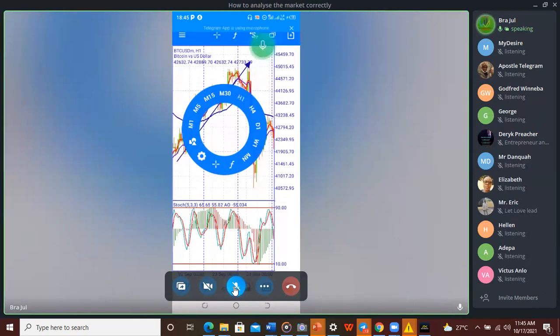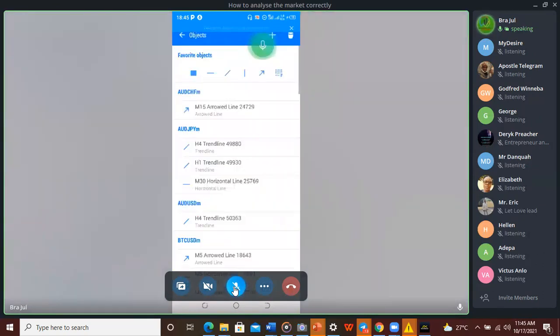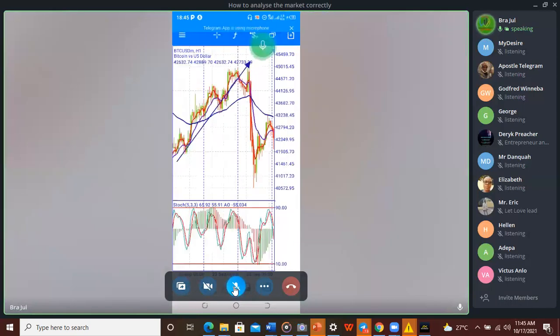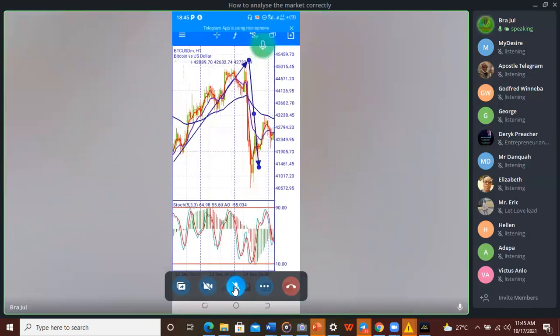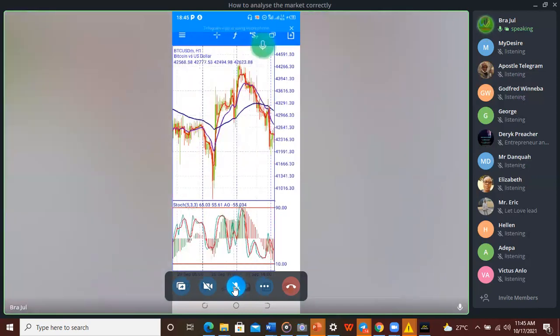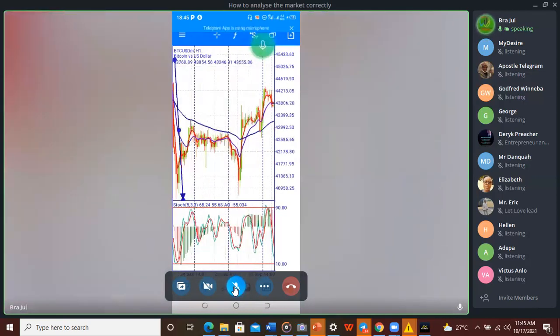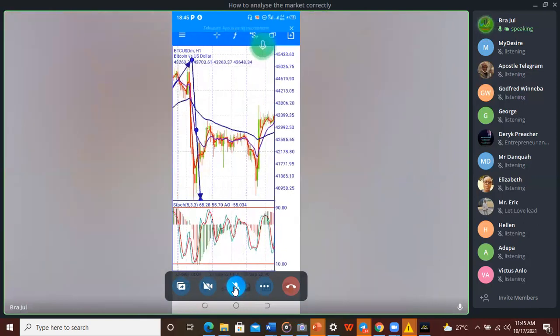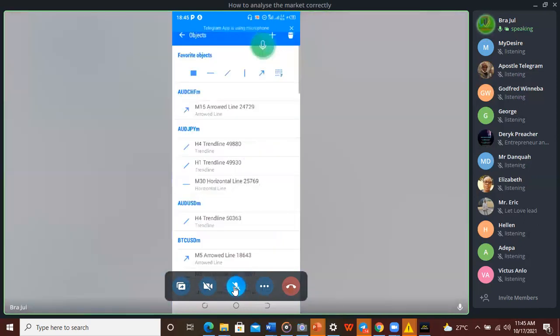So the resistance is displayed here. First, the price was moving up, got here, and then broke down, was resisted. So that place has become a resistance level. When price is going up towards that direction, look at this scenario here.